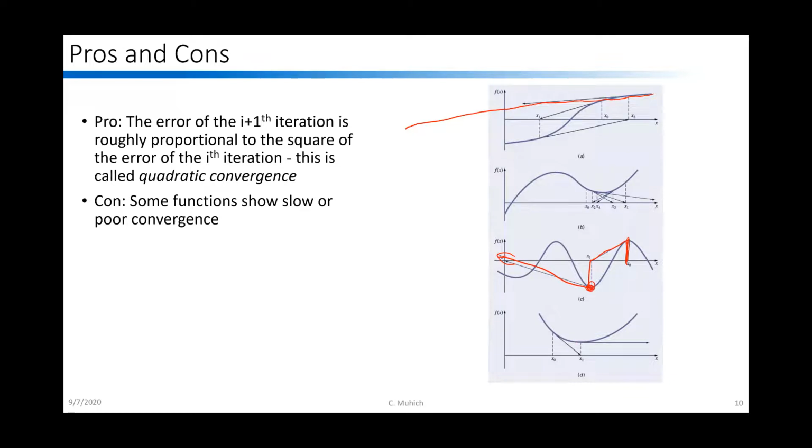Or if I happen to exactly hit a local minimum, I can end up being shot very, very far out. Okay, so we have these benefits of being fast through the quadratic convergence of our error, if we're lucky. But sometimes we have these ill-performing functions.